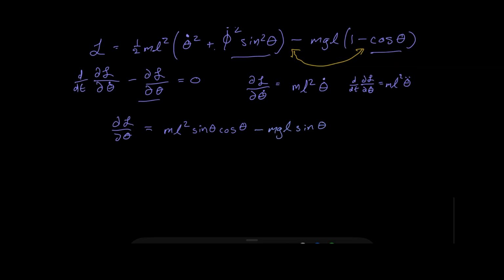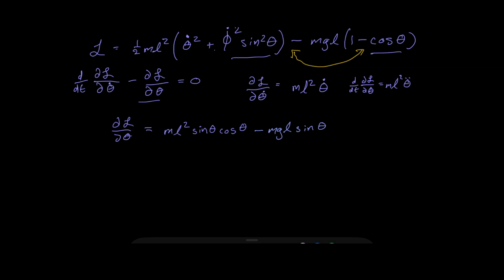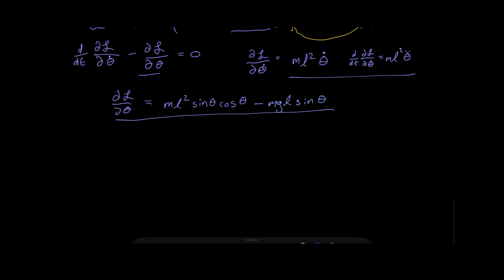Now we got to combine them. So we are subtracting this entire thing from this. So we get ml squared theta double dot minus ml squared sine theta cosine theta plus, minus minus again, mgl sine theta.